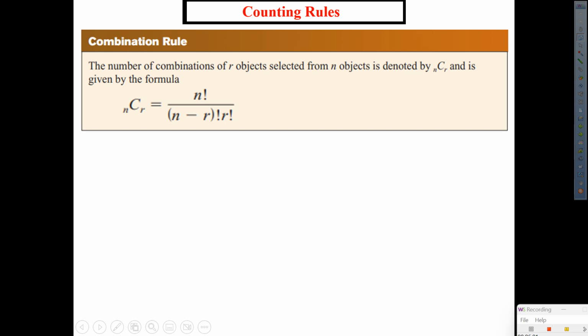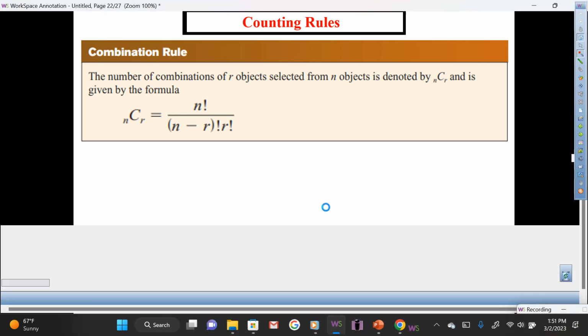So just a quick recap on permutation. Permutation, the rule that we covered last time, means that it has a specific order. Or in other words, order does matter. So for this one, look up to the screen.